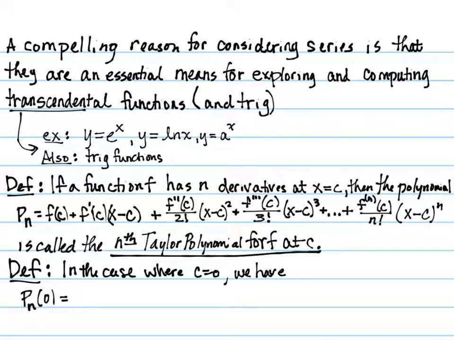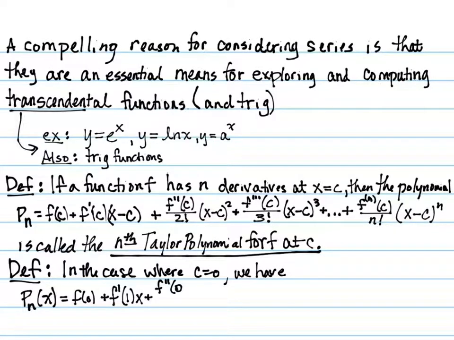The other one was P sub n of x. It's evaluating at 0. Okay, P sub n of x is equal to f of 0 specifically plus f prime of 1 times x plus f double prime of 0.